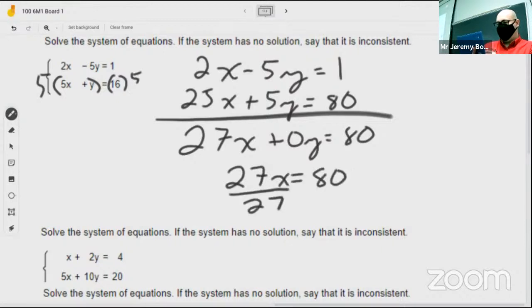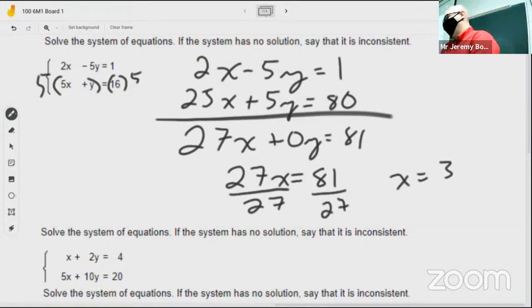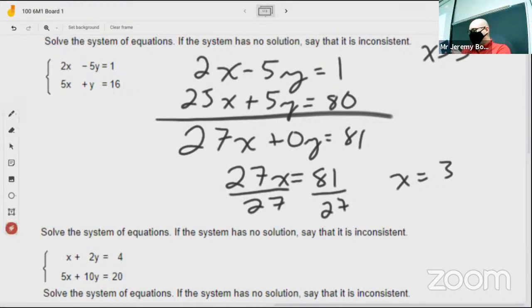Divide both sides by. Oh, thank you. I was wondering why that number was going to be so strange for the fraction. And so we're dividing both sides by 27. And so x is going to be 3. Is that right? Yep. Seems like we get 3 a lot. So we got x is equal to 3. Solve for y. I would go back and use this first one because it has y all alone already.